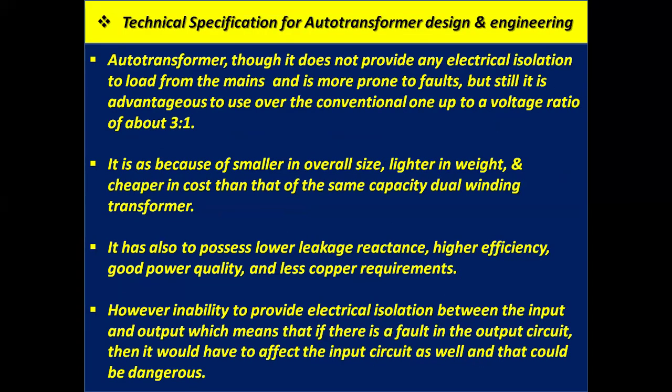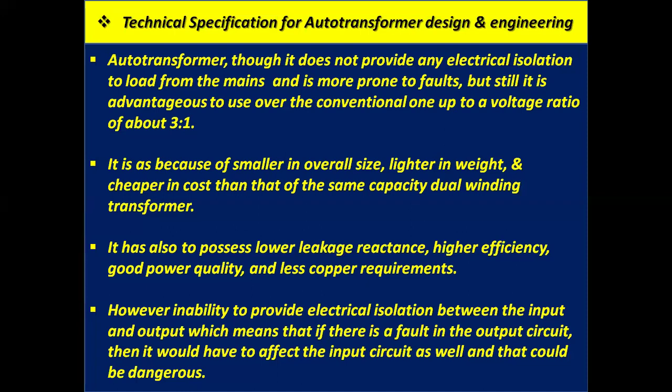Technical specification for autotransformer design and engineering. Autotransformer, though it does not provide any electrical isolation to load from mains and is more prone to faults, is still advantageous to use over the conventional one up to a voltage ratio of about 3:1.